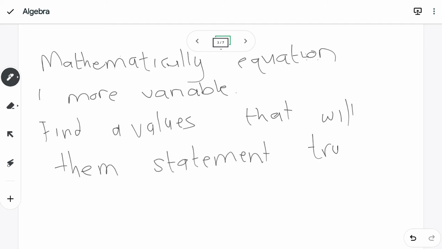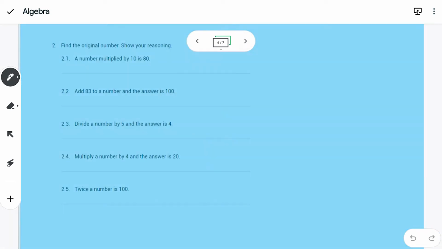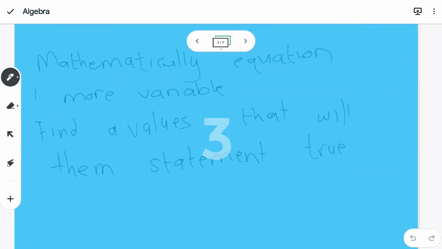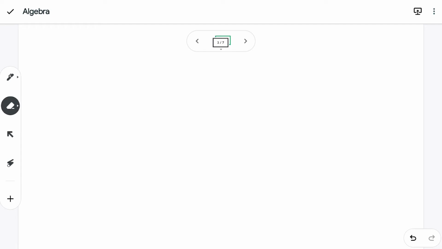Let's have a look at an example, guys. We have x plus 3 is equal to 11. This we call an equation.